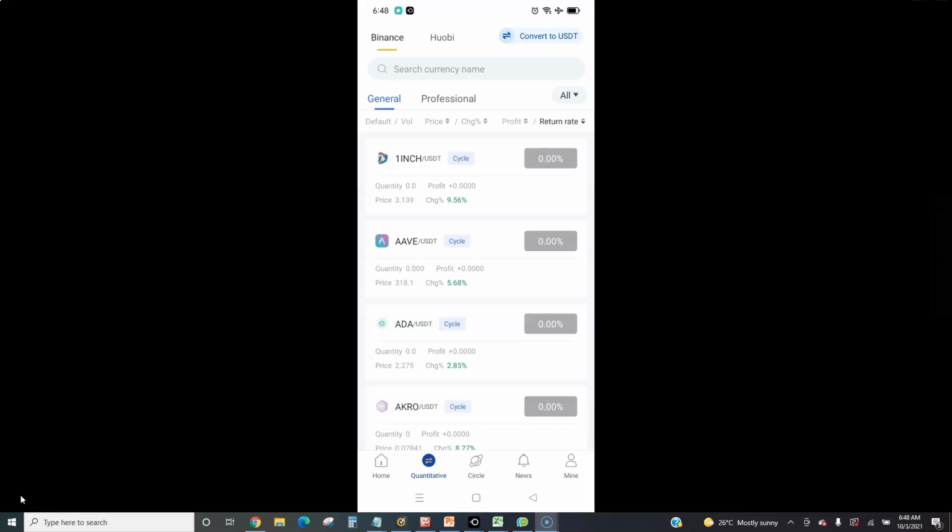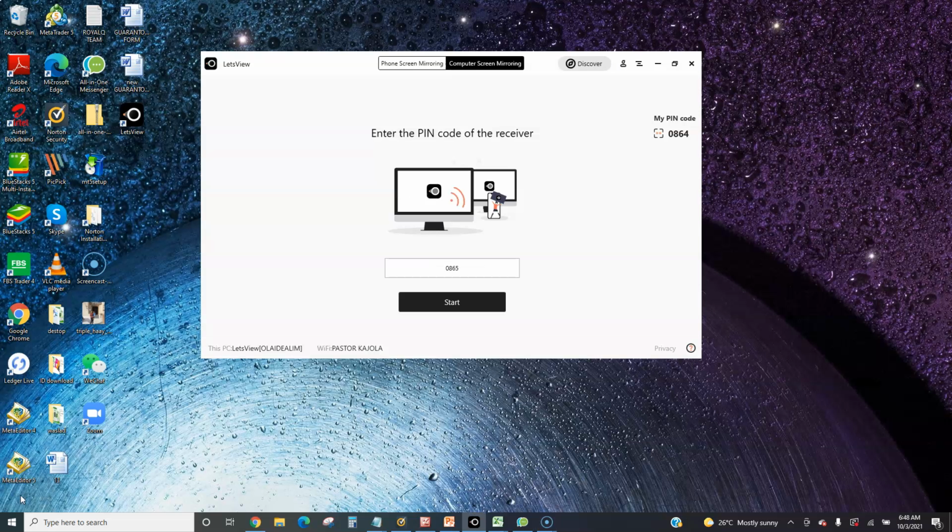Like 70 for Binance and like 60 on Huobi. It means all the coins that they added here are good, but we all need to know that when we are choosing universities, there are some universities that are good.